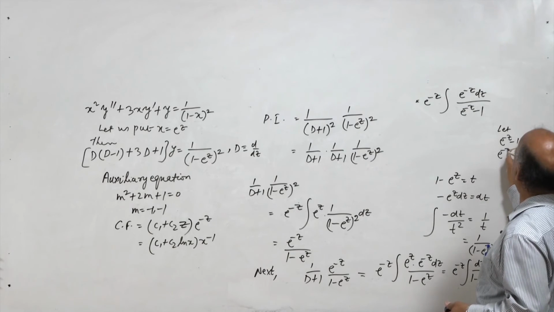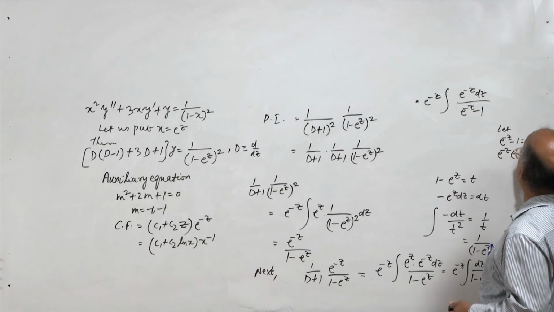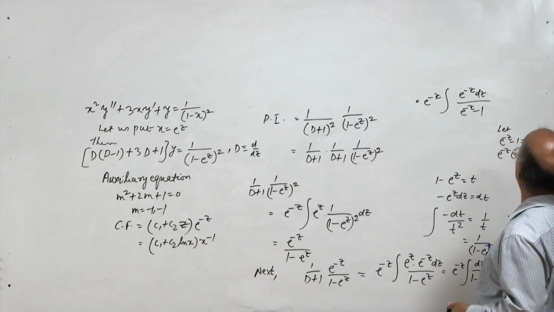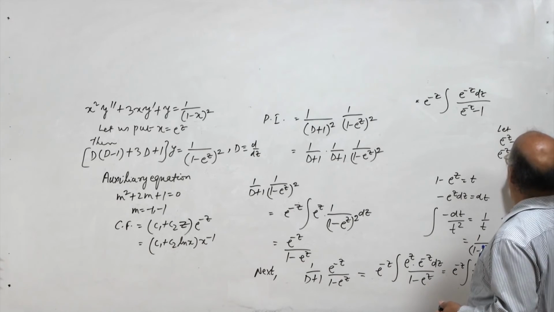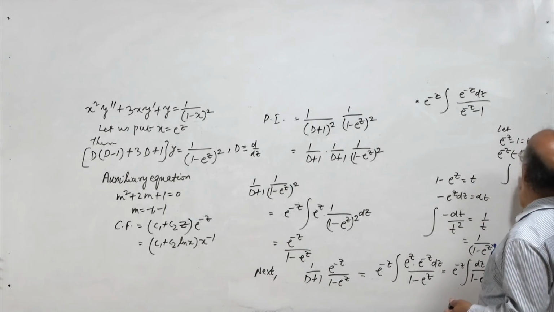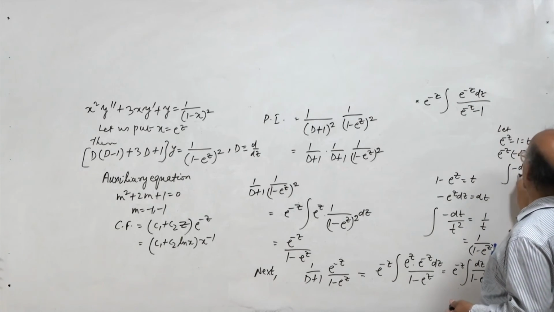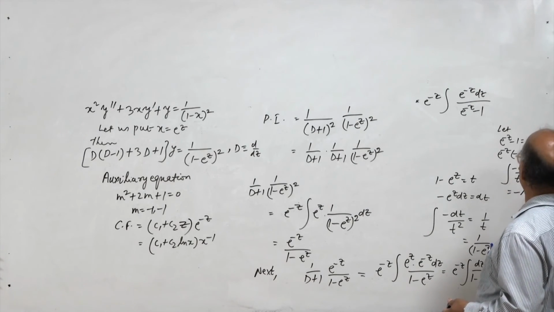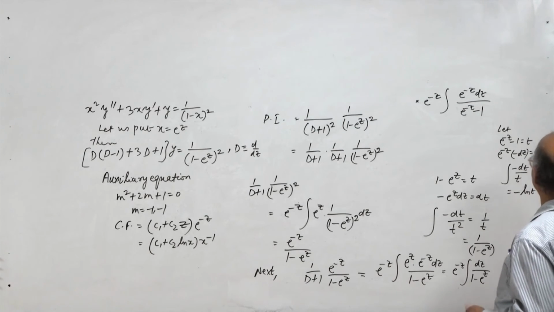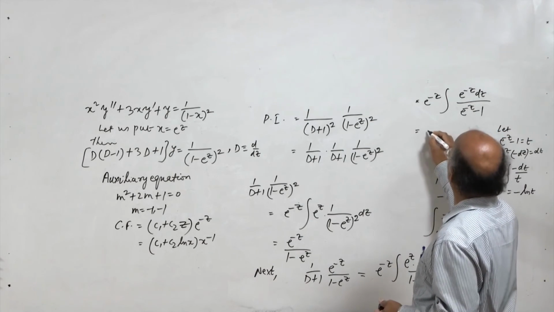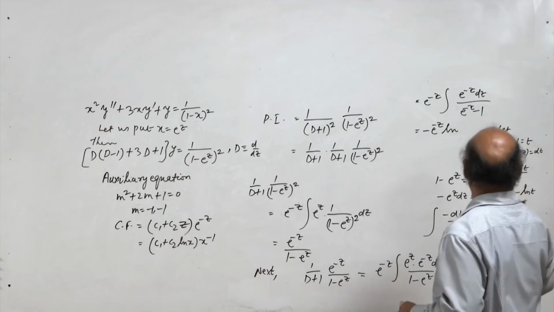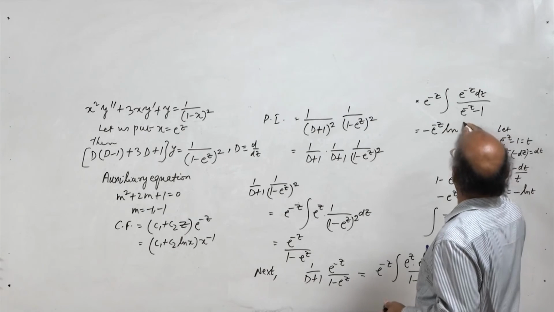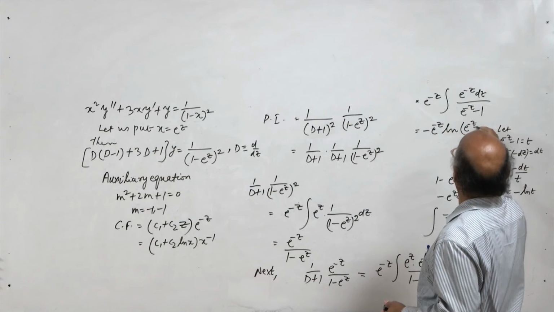So, then e^(−z) into −dz will be dt, and therefore, we shall have e^(−z) dz will be −dt. So, −dt divided by t, which will be −ln t. So, this will be equal to −e^(−z) ln (e^(−z) − 1).